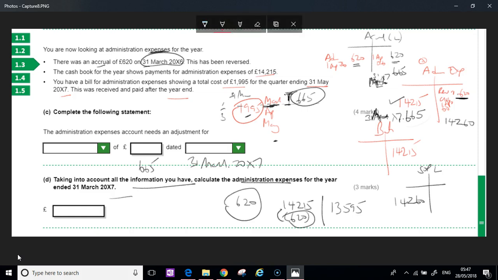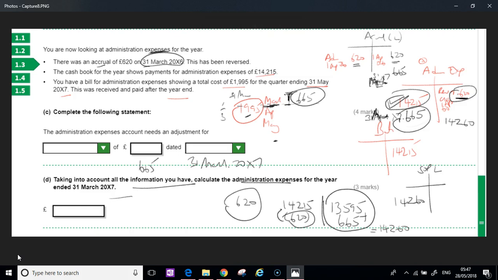But someone tells you that, yes, you've paid this, thank you very much, but you still owe us 665. So that means that what you owe for the year is this plus this, which is equal to 14,260, which is what we're doing here. Whether you want to say 14,215 minus 620 plus 665, or 14,215 plus 665 minus 620, you will arrive at 14,260.